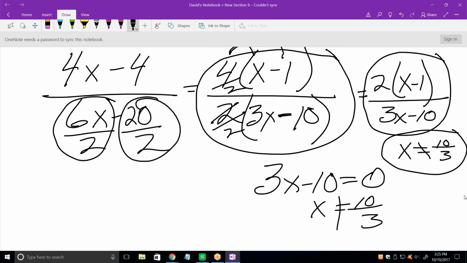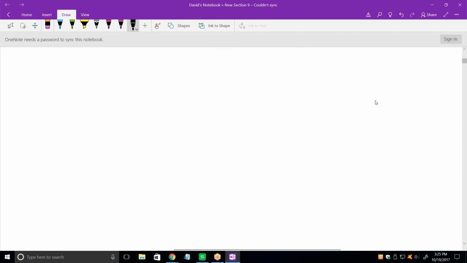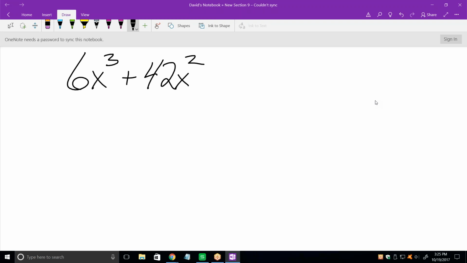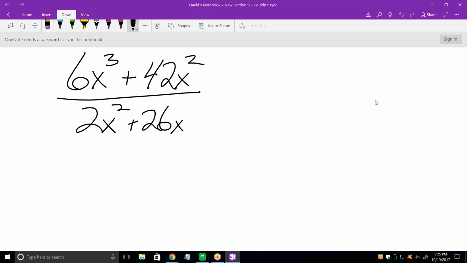All right, what else? 6x cubed plus 42x squared over 2x squared plus 26x plus 84. All right.